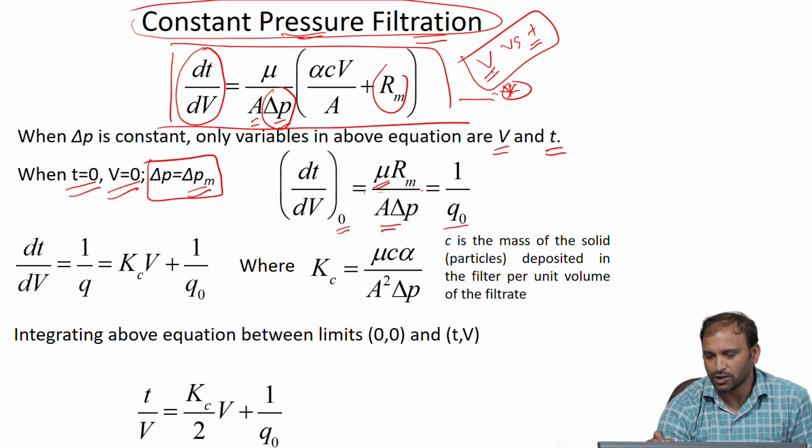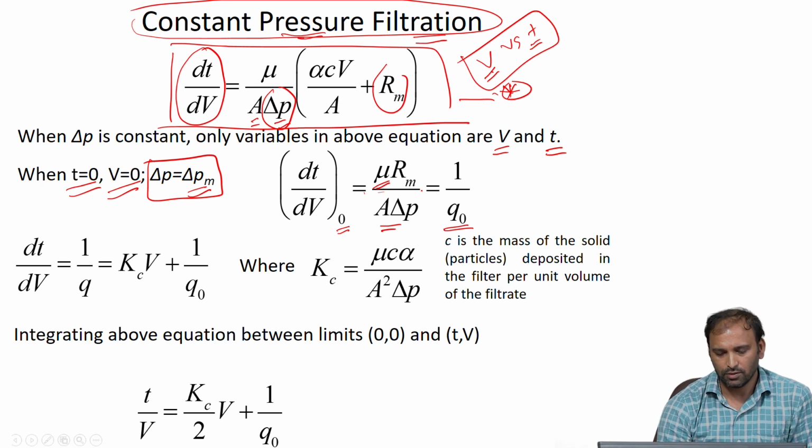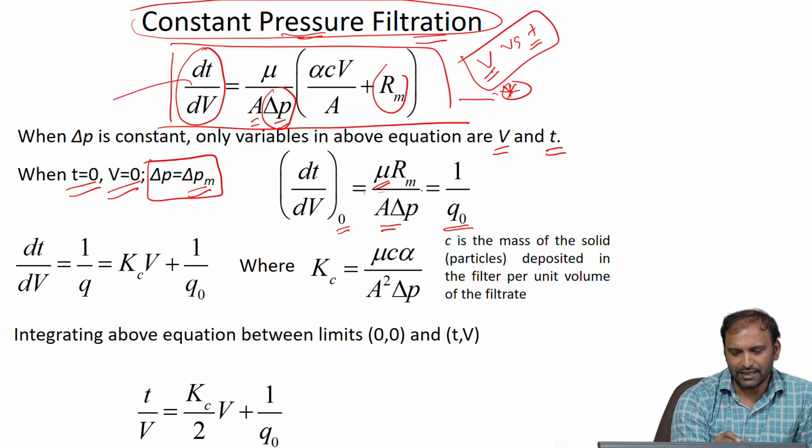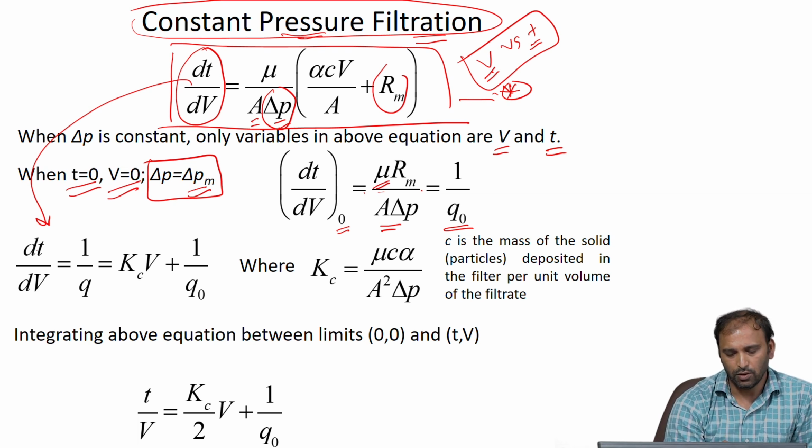I call this 1 over Q naught. So I can recast this equation as dt by dV is equal to 1 over Q, that is equal to Kc times V plus 1 over Q naught.